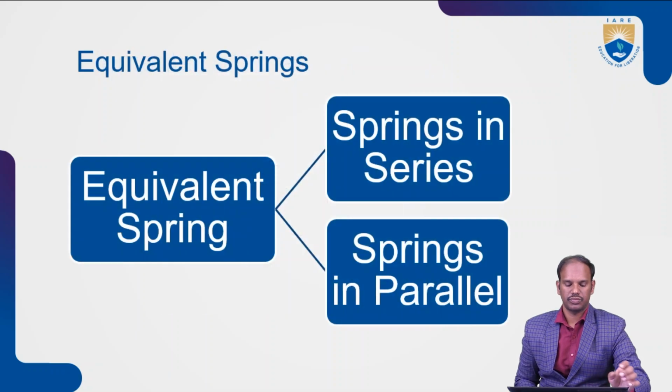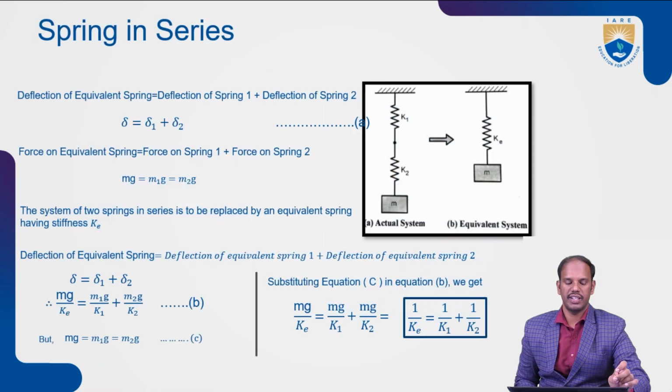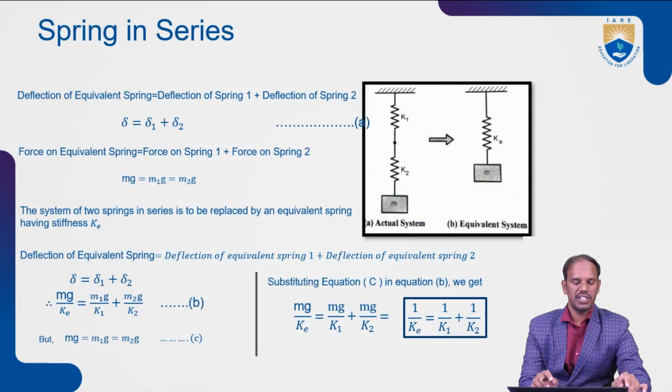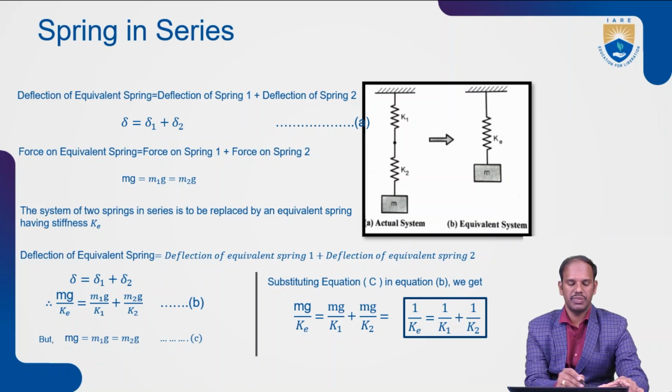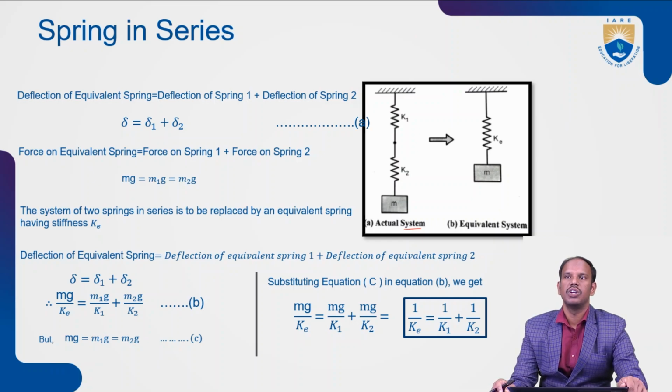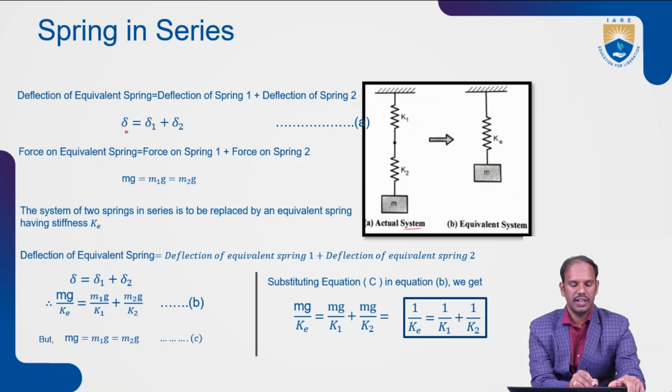Okay. So what is meant by equivalent springs? In an equivalent spring there are springs in series and parallel. So you can check one example: the deflection of the equivalent spring we can write in terms of two cases, series and parallel. In series, the displacement occurs as a delta.